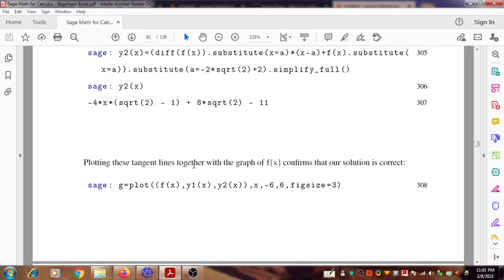Next, we are going to draw the graph of all the three functions together, all the three curves together. We want to bring them in one figure. You have to draw the combined figure, and for that you can use this plot command.